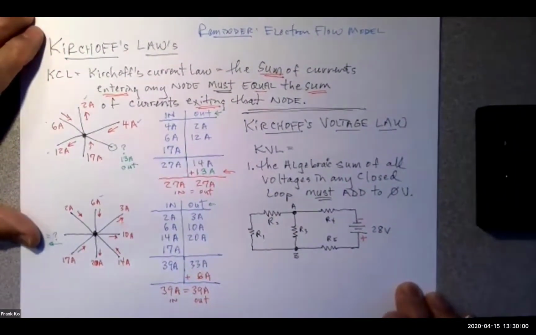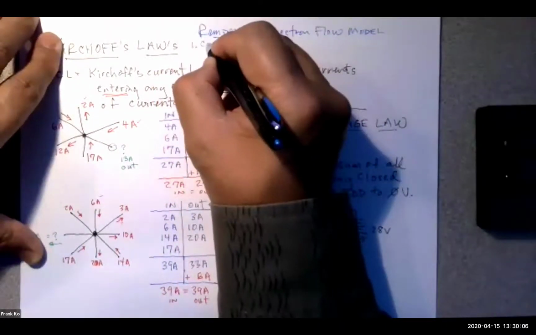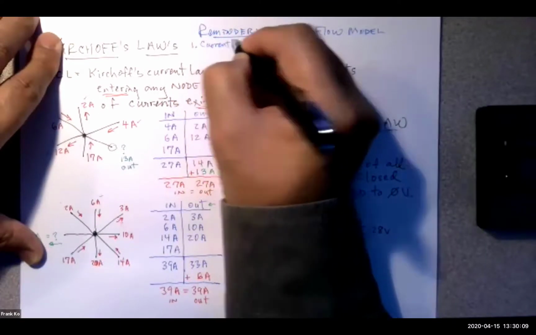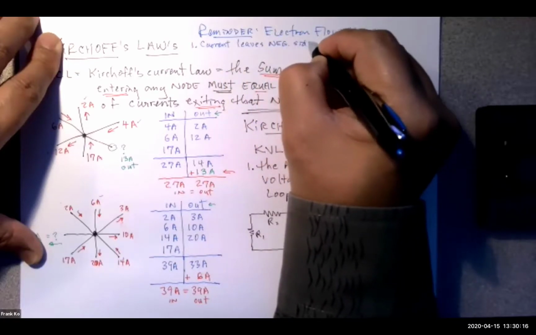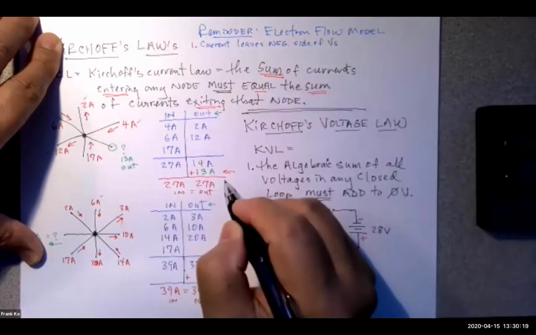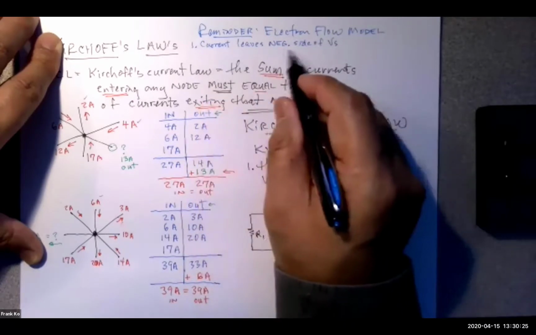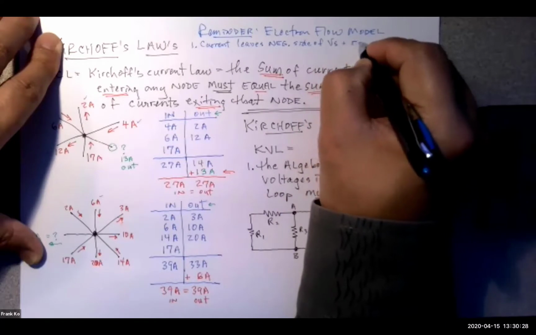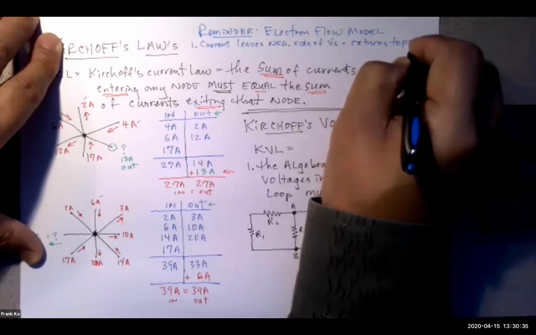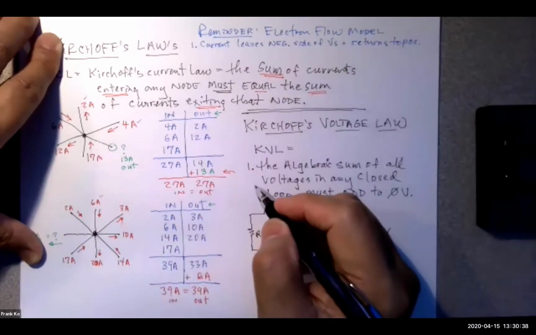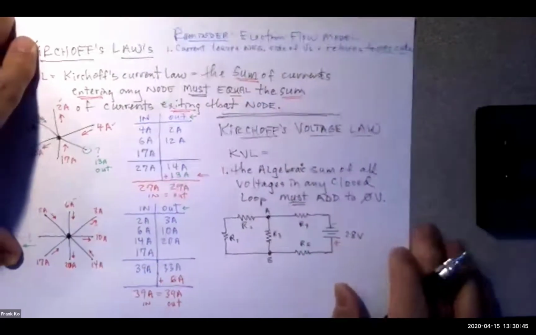Electron flow model, number 1: current leaves the negative side of Vs, the voltage source, and returns to the positive side.